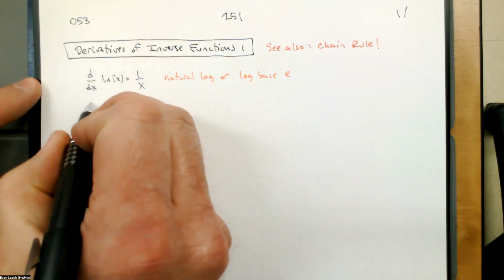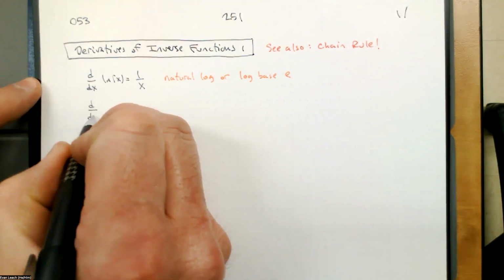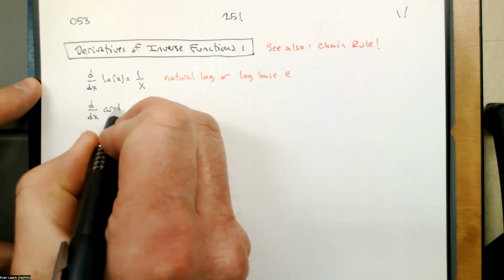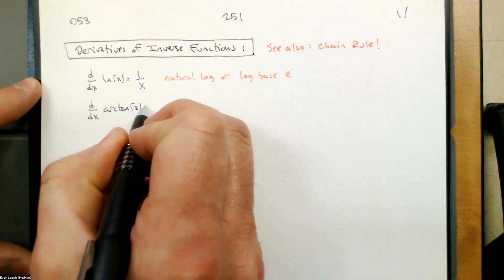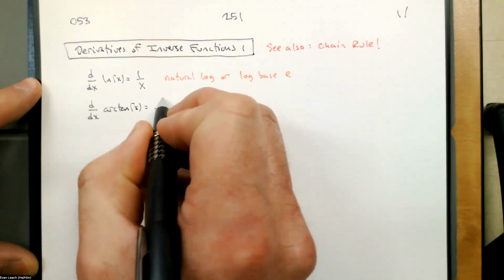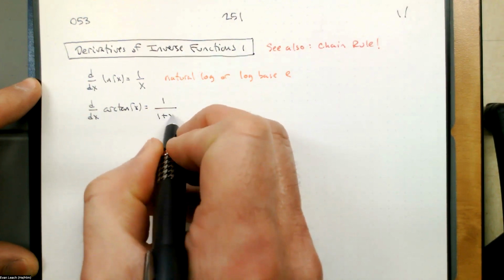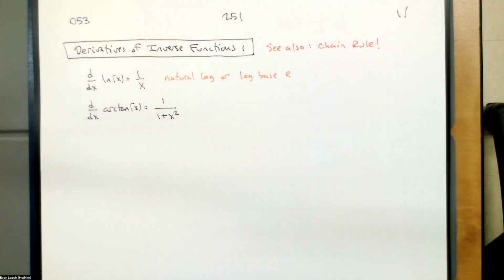The derivative of arctangent is 1 over 1 plus x squared. Arctangent is the inverse tangent function.